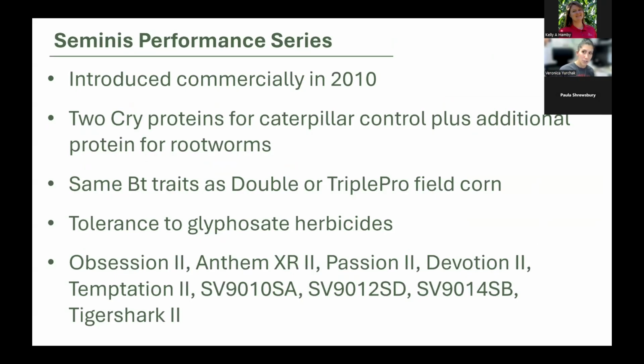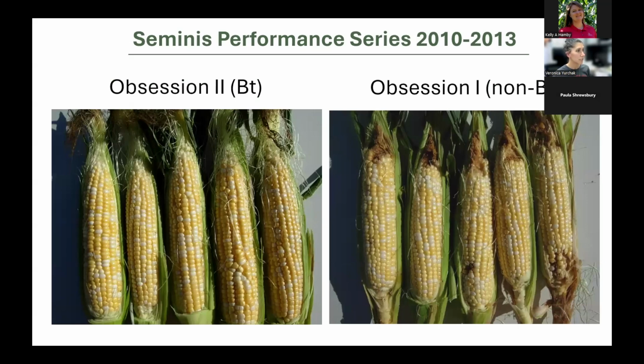And unlike the Attribute, which has glufosinate herbicide tolerance, the Performance Series sweet corn is tolerant to glyphosate herbicides. Just some pictures to see: when this was first released back in 2010, and for the first couple years after its release, the Performance Series provided pretty clean ears, kind of similar to how the Attribute worked when it first came out.